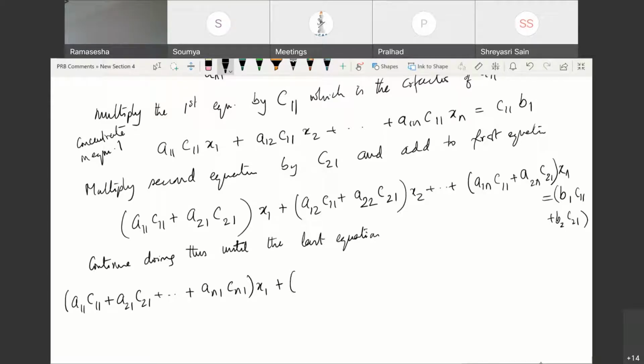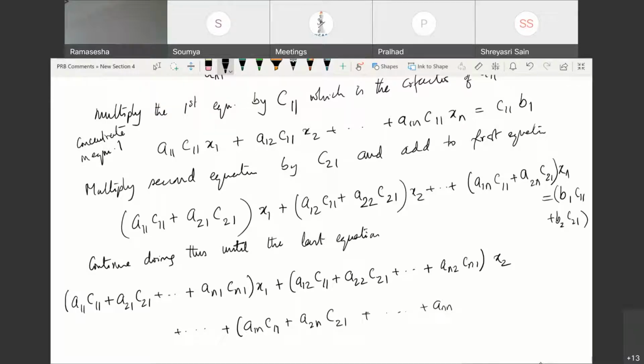Plus (A12 C11 plus A22 C21 plus etc. plus An2 Cn1) X2, plus etc. The last term will be (A1n C11 plus A2n C21 plus etc. plus Ann Cn1) Xn, and this is equal to B1 C11 plus B2 C21 plus etc. plus Bn Cn1. Do you see this equation?